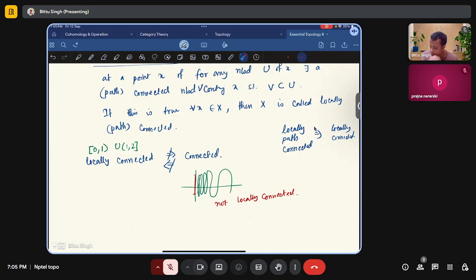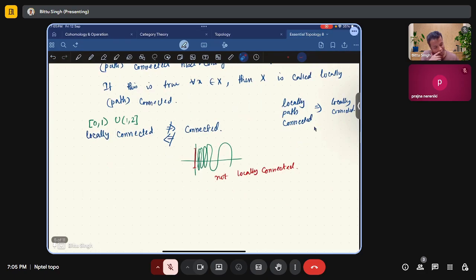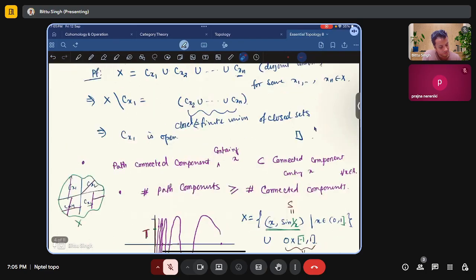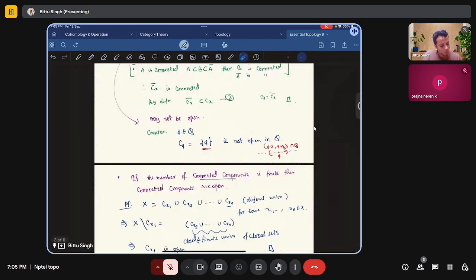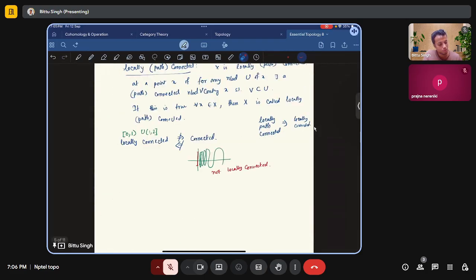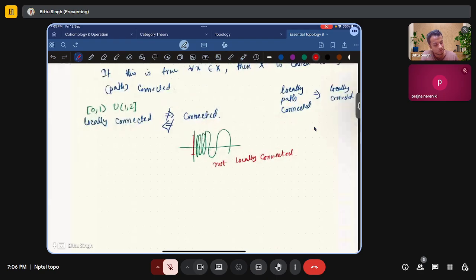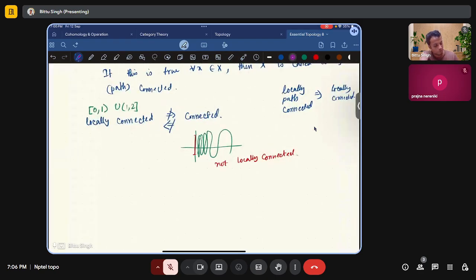Another important thing is that I have already said that connected components are closed sets, but we cannot say the same about path connected components. Path connected components may not be open or closed.